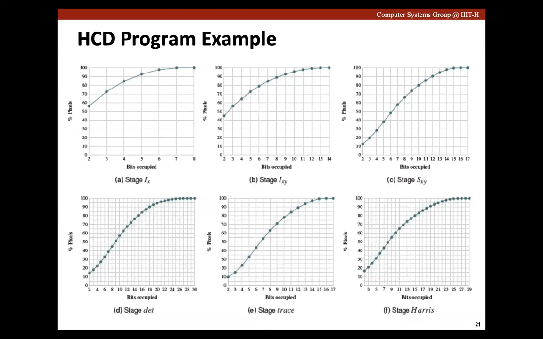Similarly, if you look at the trace stage and the number of bits it occupies, 100% of the pixels can be represented using 17 bits. In fact, maybe 99.999% of the pixels could be represented using 15 bits.